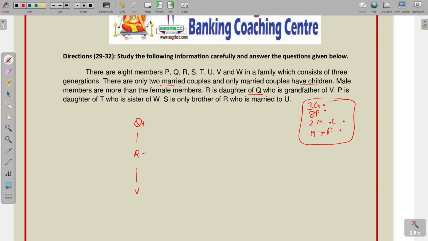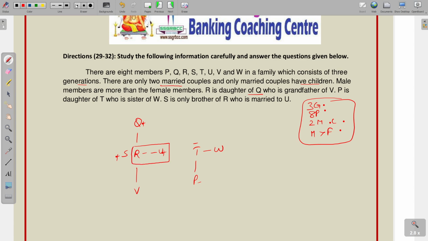P is daughter of T, who is sister of W. S is only brother of R, who is married to U. R and U both are a couple.